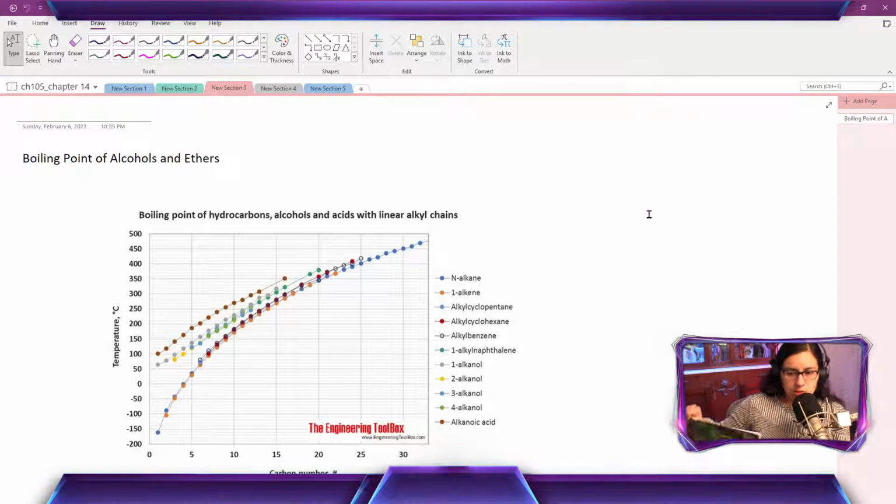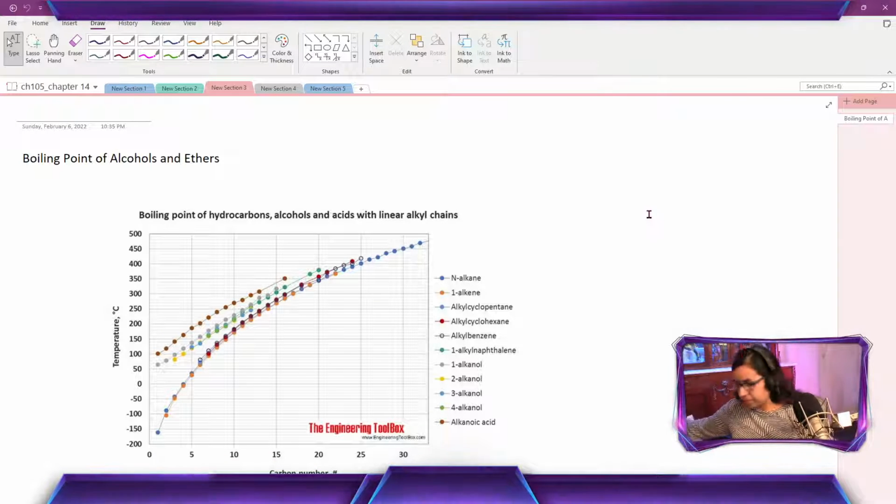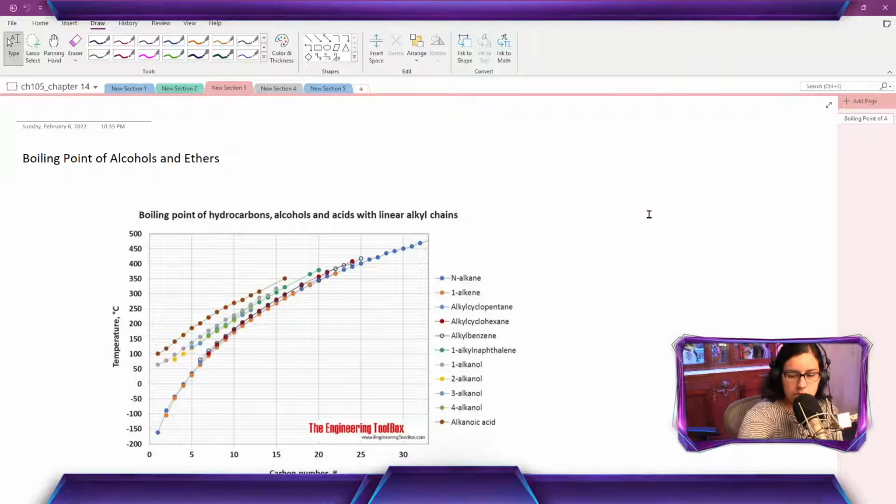Give me one second here. Let's just draw it out. Let's get our molecule kits out.